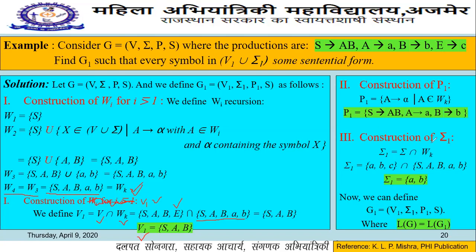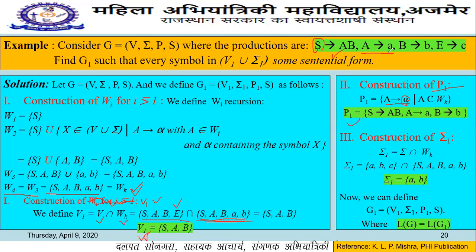After this, we construct the set of productions P, which are productions of the form A tends to alpha, where A belongs to the simplified set of variables V1. If we look at this production, this belongs to V1, and alpha should belong to WK. So A and B both belong to WK. Therefore, we include this production into our simplified set of productions.